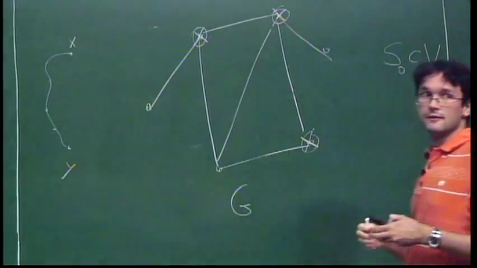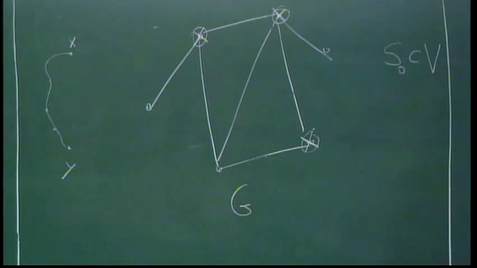And then suddenly your infection starts to spread in the graph, right? And then it can spread in many different ways. It can spread in a deterministic way or in a probabilistic way. Here we are interested only in infection processes that spread following some deterministic rule.